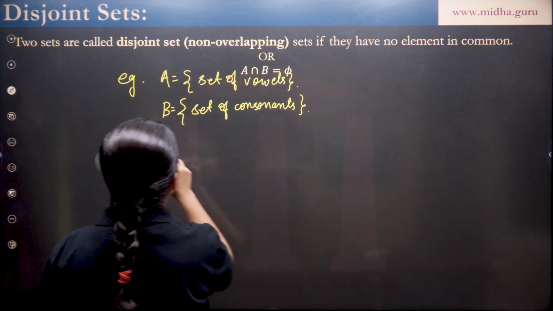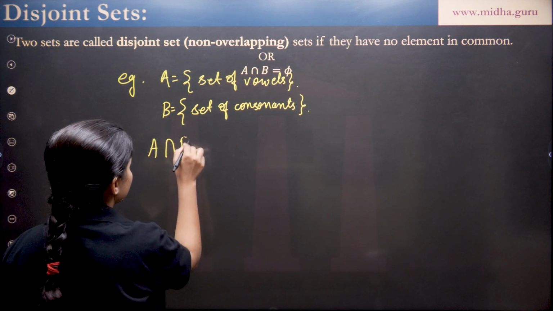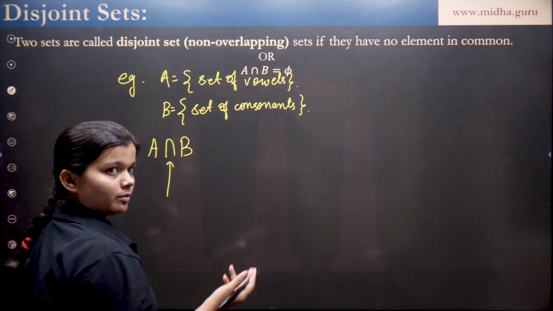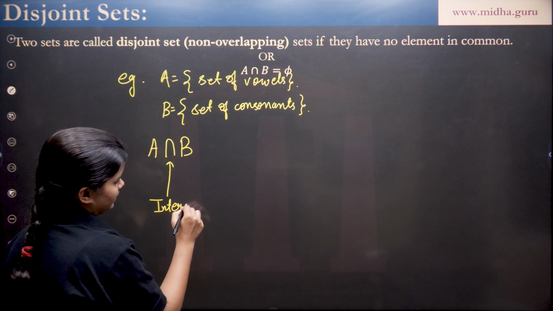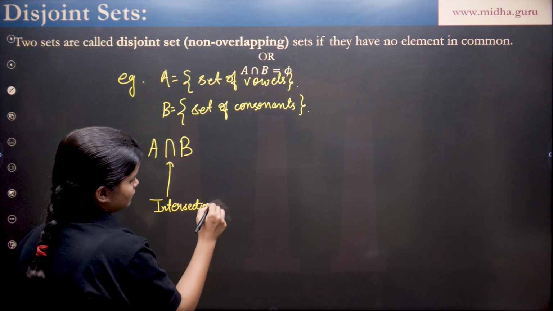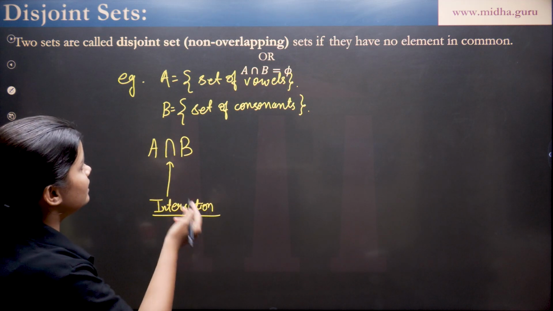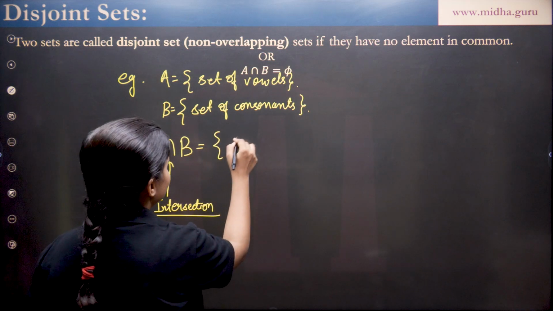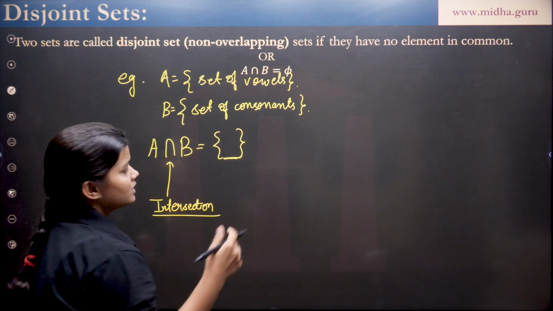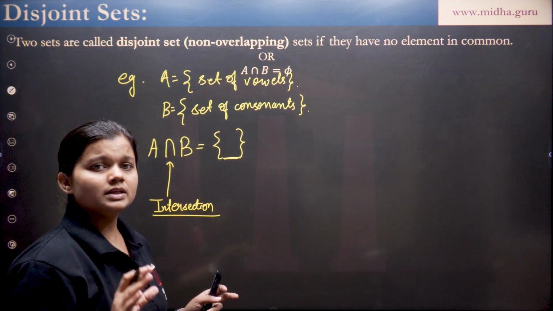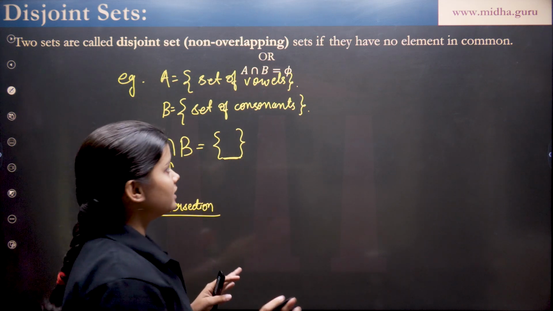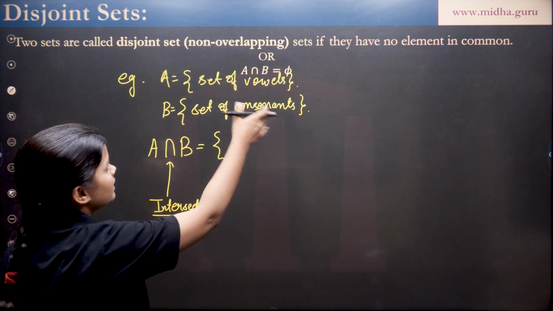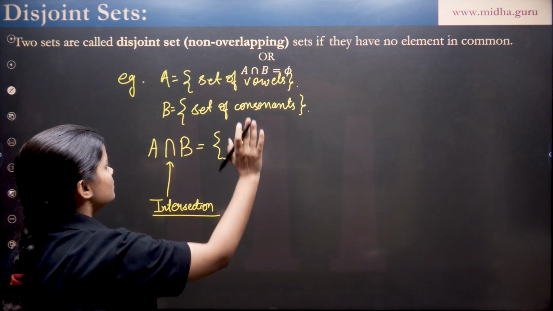If we try to find A intersection B, this sign is known as intersection, we get an empty set, because vowels and consonants are two different things. They cannot be common. It means no element is common in these two sets.